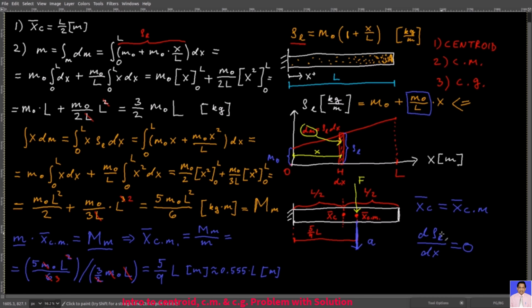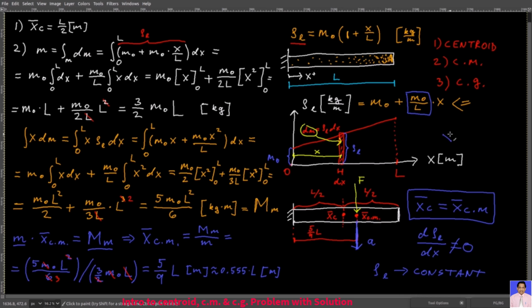So the change of rho L with respect to x must be 0. Then your rho L is constant, and then this holds. If this derivative is not 0, then rho L is not constant, and then x bar c and x bar cm are different.